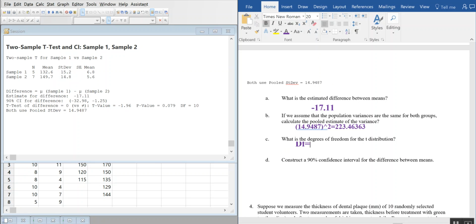Degrees of freedom is, I take the size of sample 1, which was 5, and subtract 1, and then add to that the size of sample 2, which is 7, and subtract 1. So you get 4 plus 6, which is 10, or you just look at Minitab and it's right there.